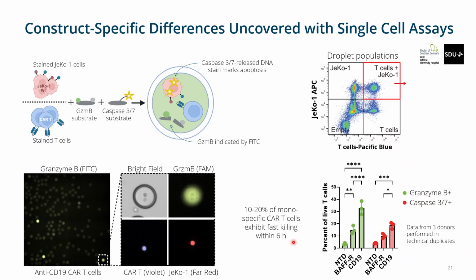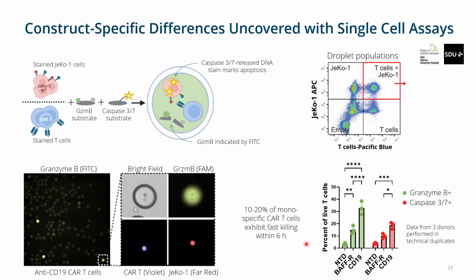And first of all, again, as previously observed, only about 10 to 20% of the monospecific CAR T cells are really exhibiting fast killing, and here we're talking about 6 hours. So it's not the case that when you're working with these populations you'll just have 100% activity. That's not the case. And that's what the single cell assay is able to reveal.